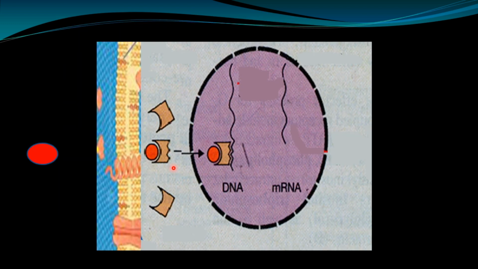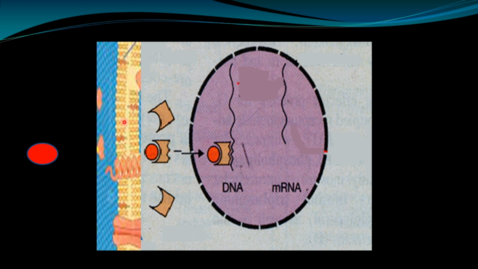Now the other receptor is the intracellular receptor. Here there are a few exceptions always, but more or less the story is the same. What's the difference in this type of receptor? This receptor is present inside the cell.